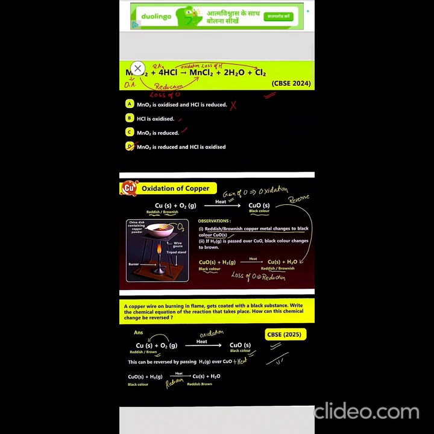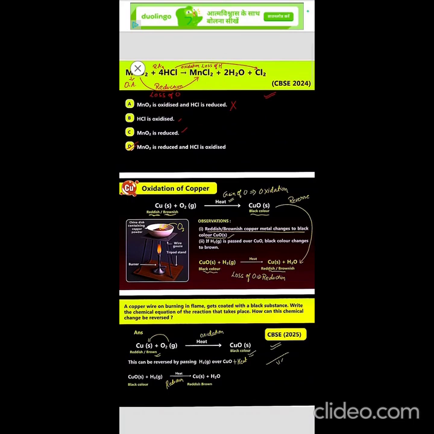Manganese dioxide, MnO2, plus 4HCl, hydrochloric acid, gives MnCl2, manganese chloride, plus 2H2O, water, plus Cl2, chlorine. Here MnO2 is reduced because it loses oxygen to form MnCl2.